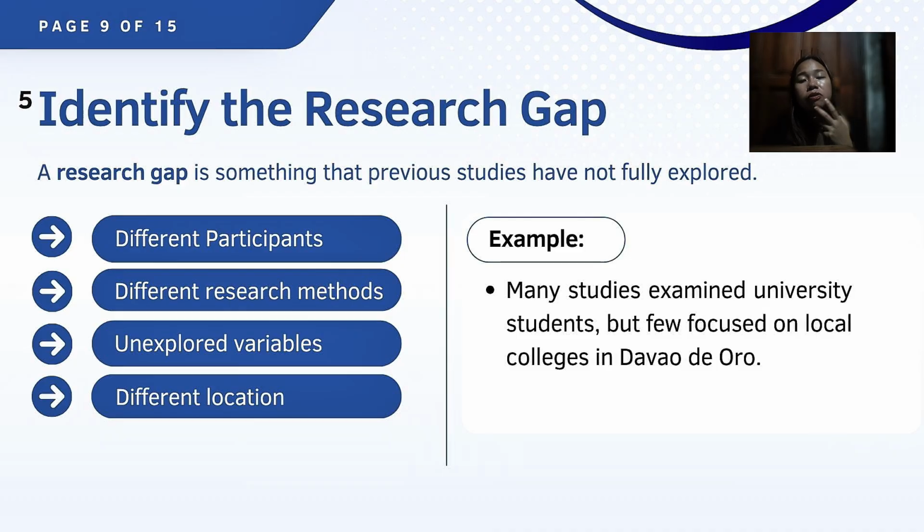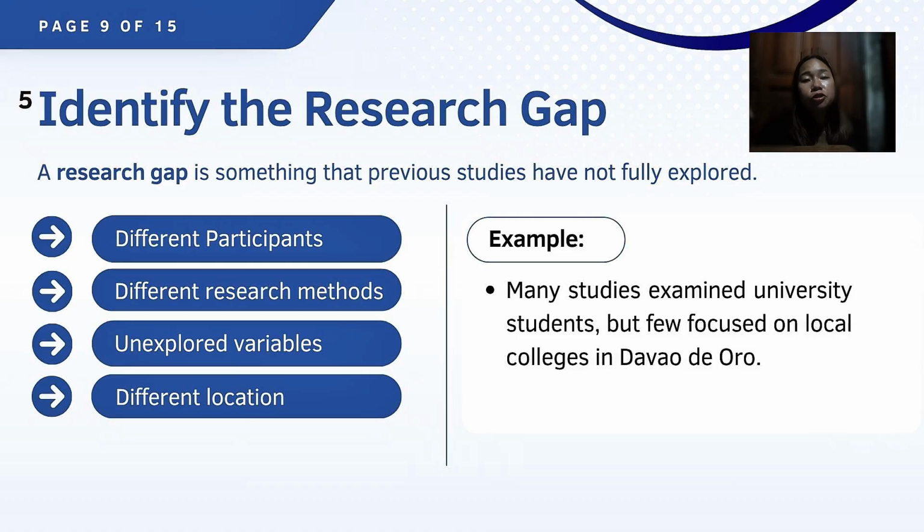Now, identifying a research gap helps answer one important question. Why does this study need to be conducted? Now, if your study addresses a gap in previous research, then your research has a clear purpose and justification.